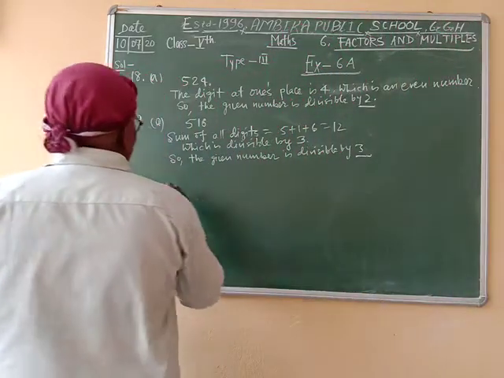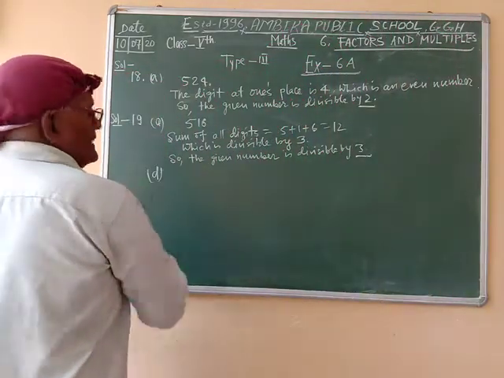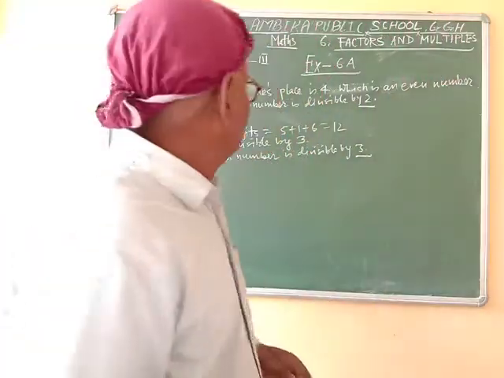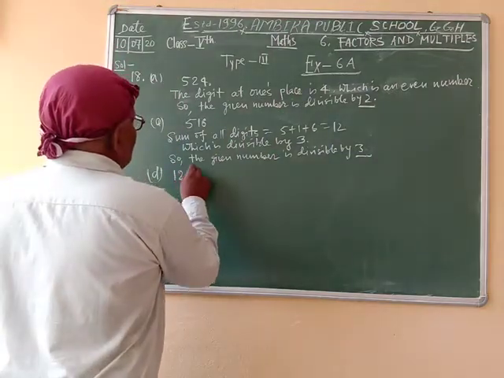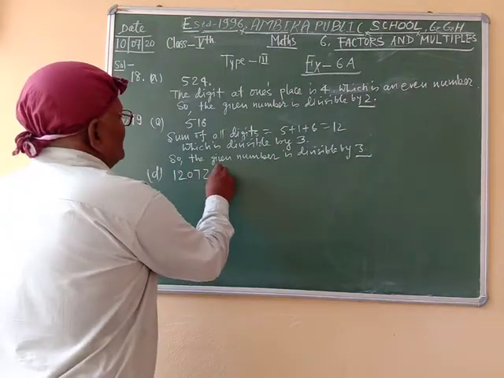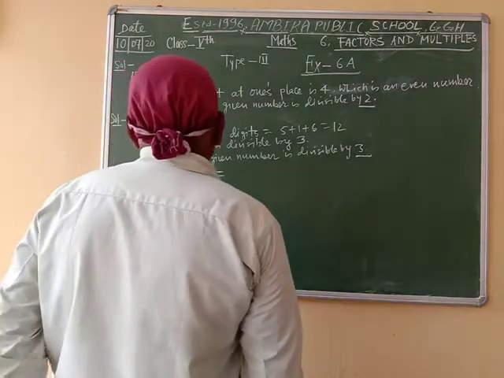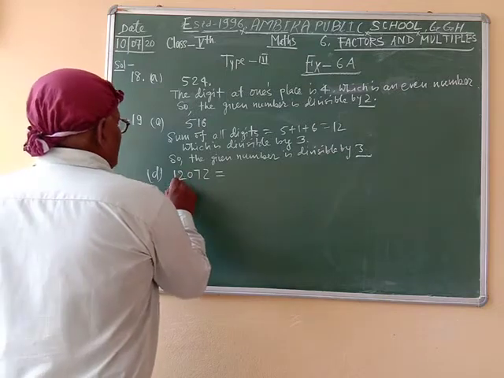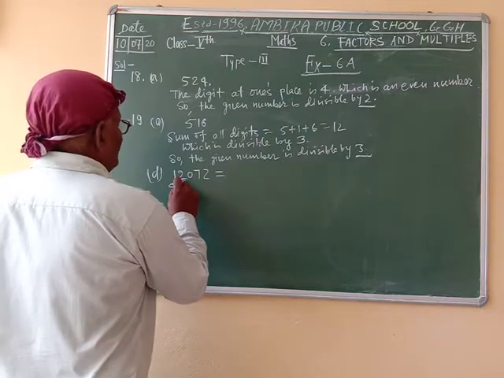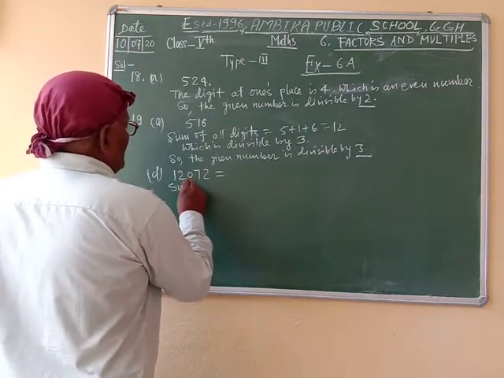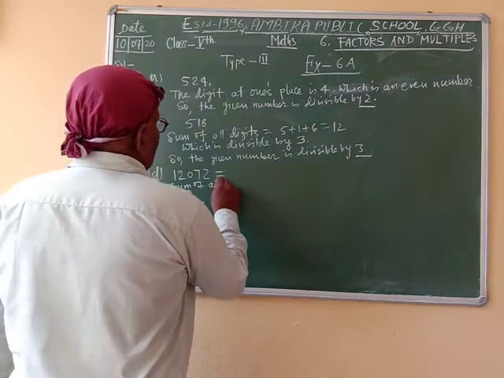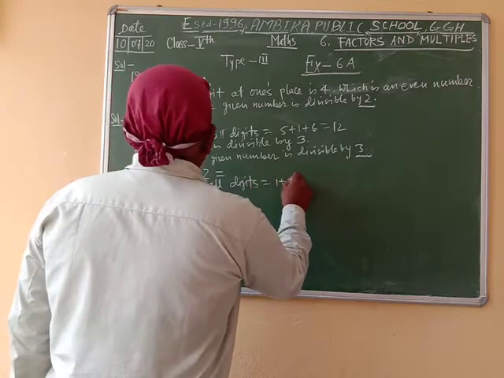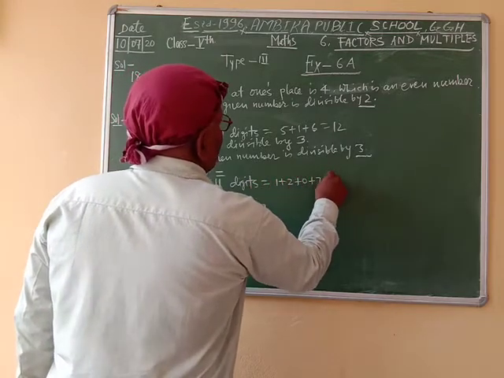Now, one more question, the D question of 19: 12072. Is it divisible by 3 or not? To test, we find the sum of all digits, which is 1 plus 2 plus 0 plus 7 plus 2.